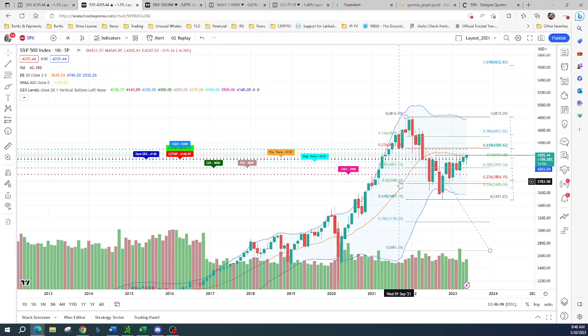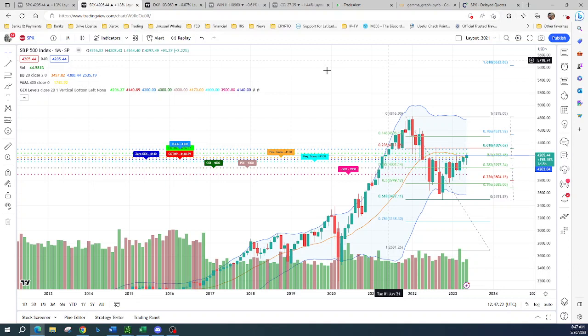I use a very different way, which some people that have known me for a long time know, to project bottoms and tops, and how I look for Fibonacci regions.